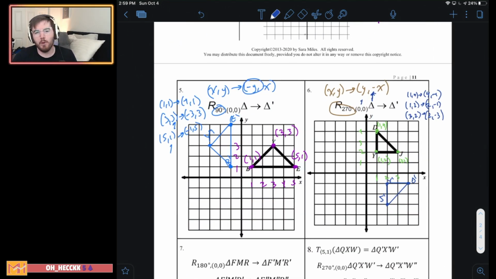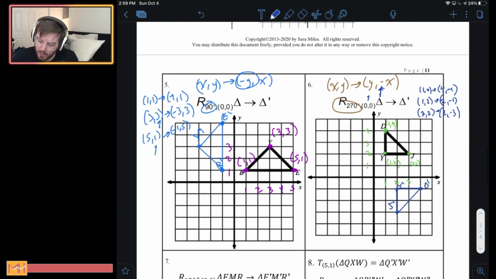And I would encourage you to sort of take an educated guess as to where the shape will end up. I should have done this beforehand, that's my bad. But I would encourage you to go, okay, if I'm rotating 90 degrees, that's a quarter of the way around. Here's an entire circle. So a quarter of the way around would be around here, and halfway would be over here, and 3/4 would be over here, and all the way back around would be where it started. So when you see 90 degrees, you know it has to end up over here somewhere.